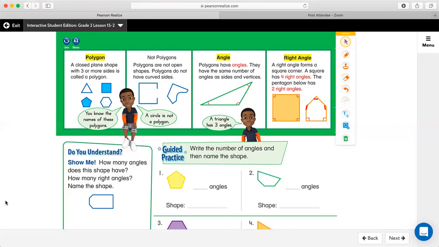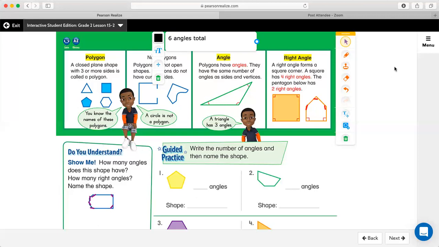All right, if we look down here at the Do You Understand box, it says how many angles does this shape have? So let's do this here. We have 1, 2, 3, 4, 5, 6. Okay, so 6 angles total, right?